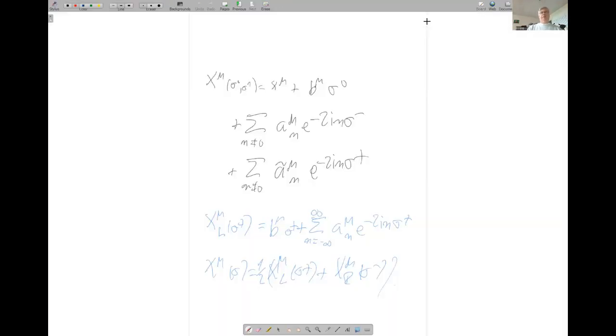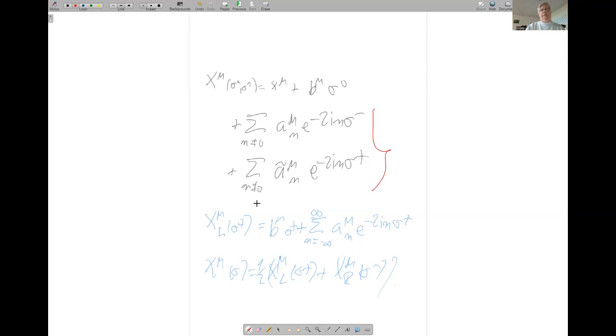So what we normally would say, okay, we have a solution to the wave equation, which I can write as a function of sigma plus plus a function of sigma minus. It must be periodic in sigma 1. So that means it's periodic in sigma plus and sigma minus. So I write down the corresponding Fourier series.